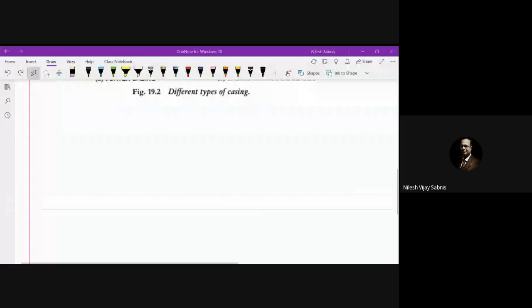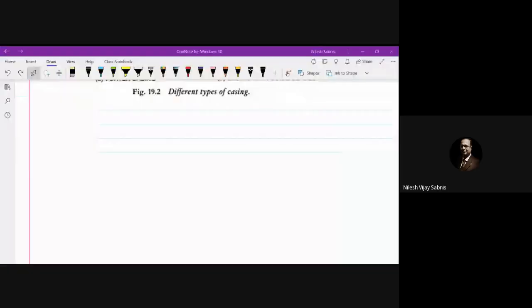I will start with the work done consideration of a centrifugal pump. For that, we will have velocity triangles.